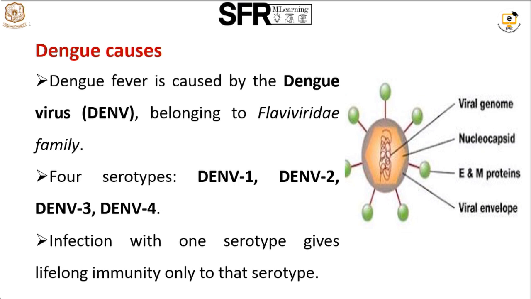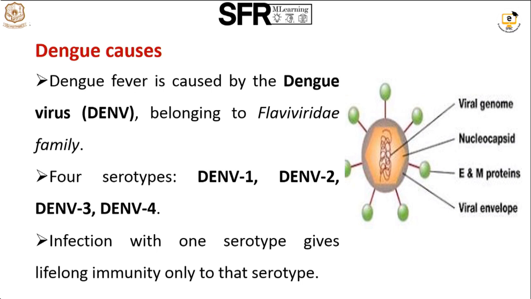So, what are the causes of dengue? Dengue is caused by the dengue virus belonging to the Flaviviridae family, and it has 4 serotypes: dengue virus 1, dengue virus 2, dengue virus 3 and dengue virus 4.